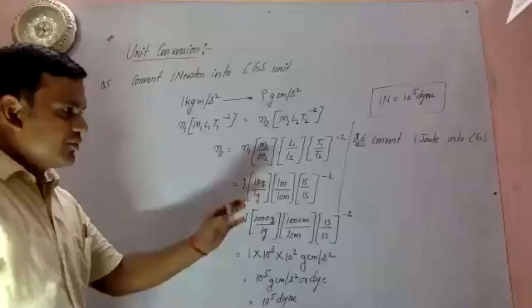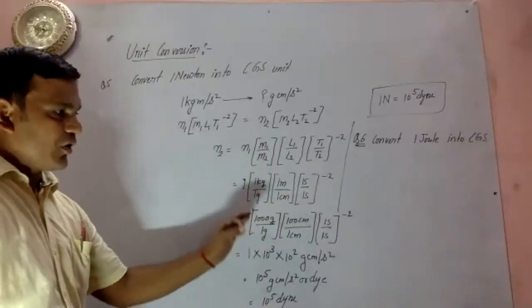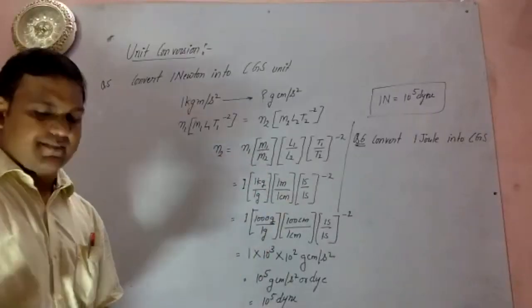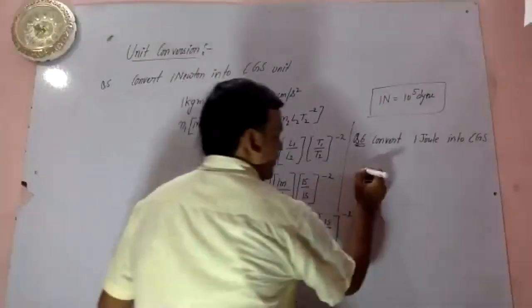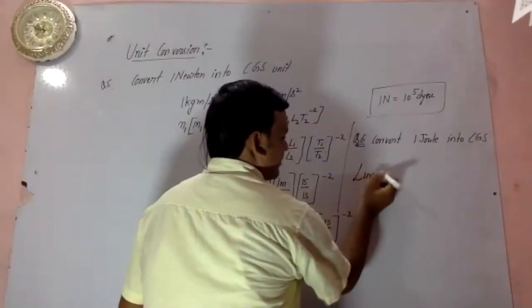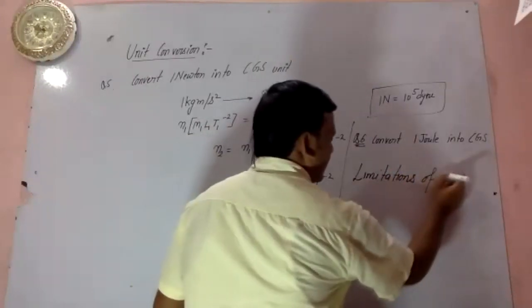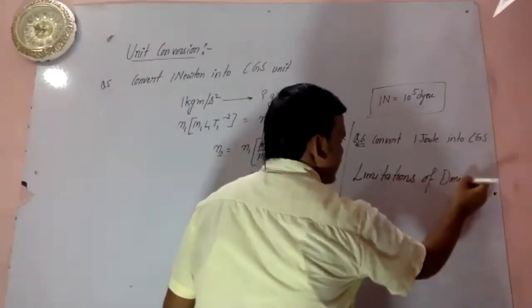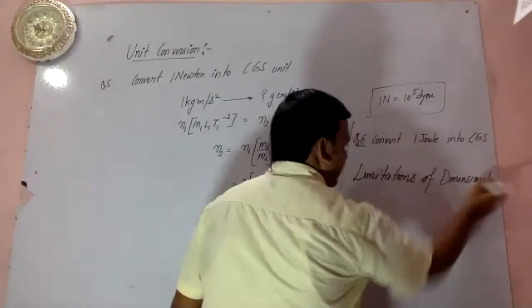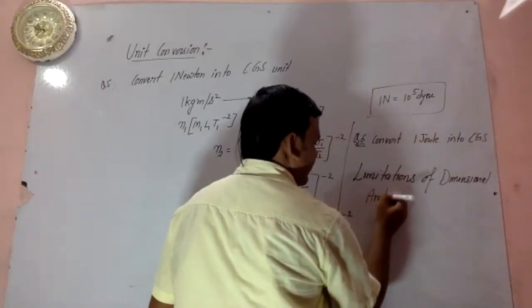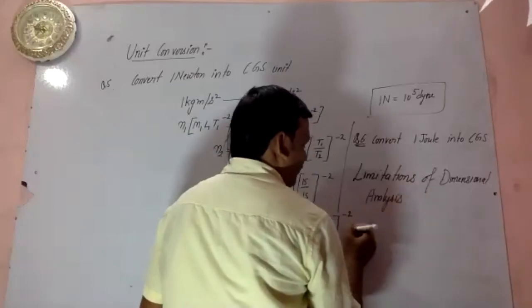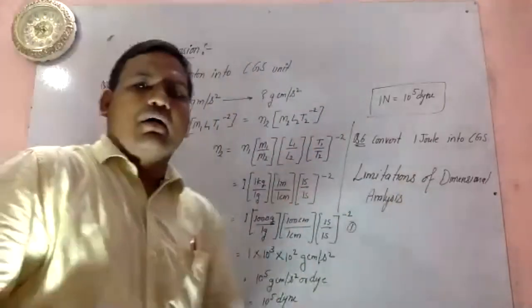Okay. So just concluding this part, we'll have the limitations of dimensional analysis. What are the limitations? Limitations of dimensional analysis. So the first limitation: we cannot obtain the constant term.